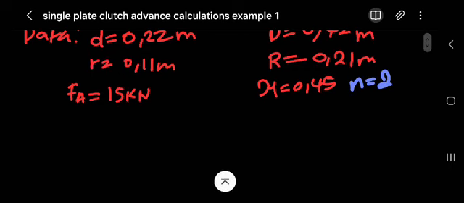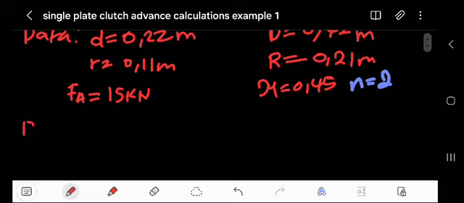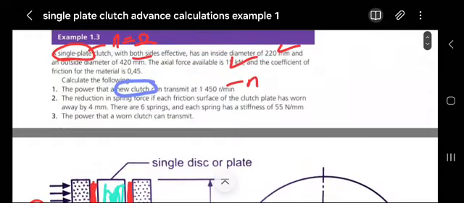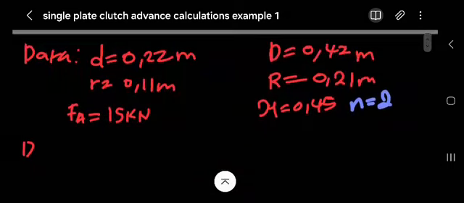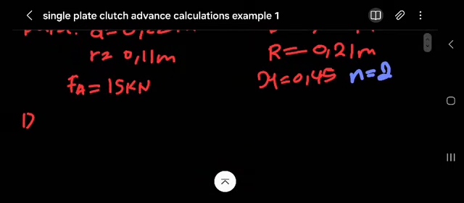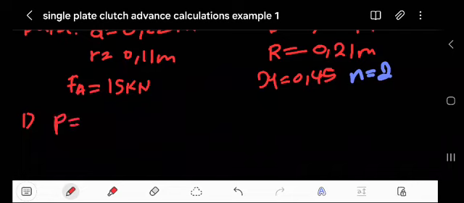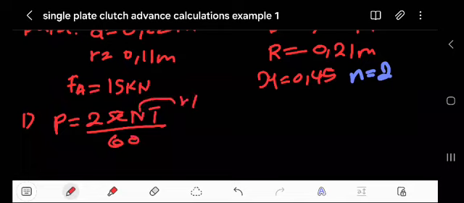So let's answer question 1. We should calculate the power that a new clutch can transmit. We know the formula for power: it equals 2πNT divided by 60, because N is given in revolutions per minute.